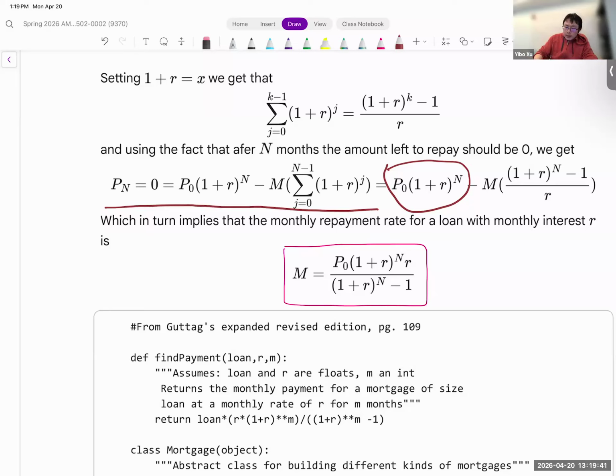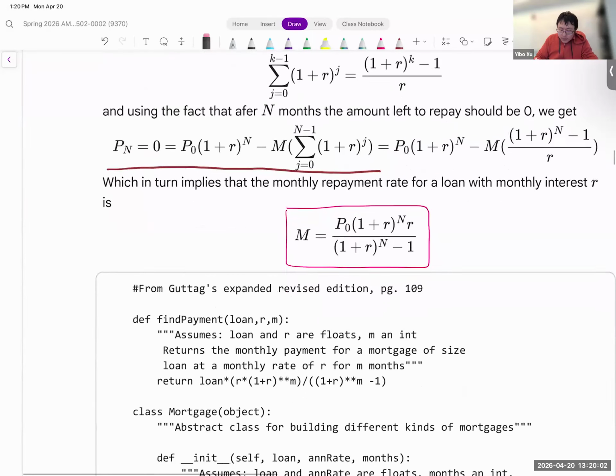So basically, these monthly payments have different accrued interests, from 1 all the way up to (1 plus r) to the n minus 1. So that's a geometric sequence that we are summing. So essentially this is the equation that we're solving.